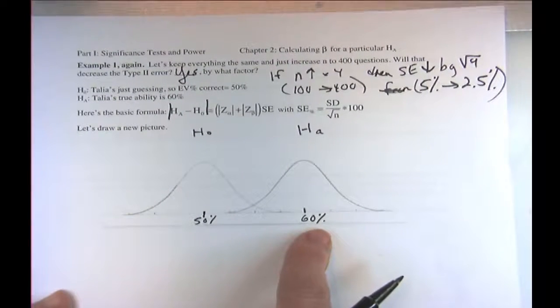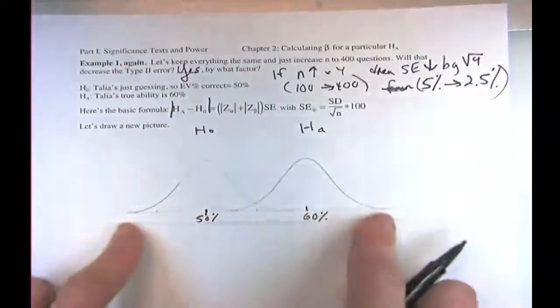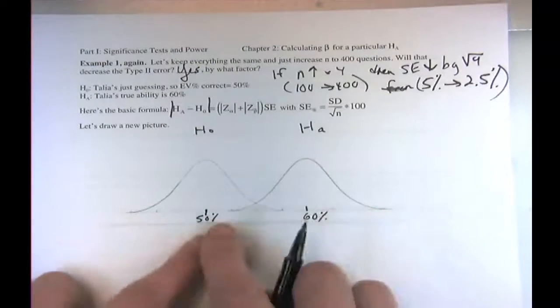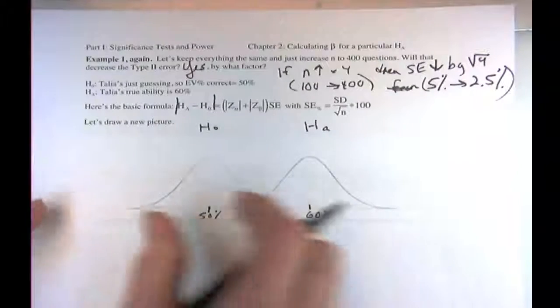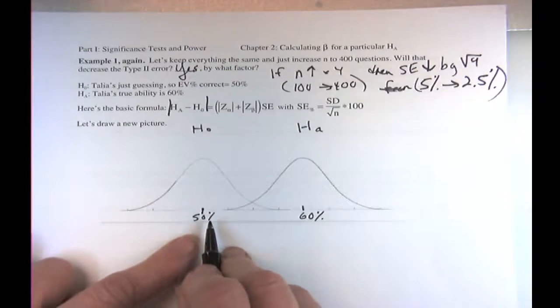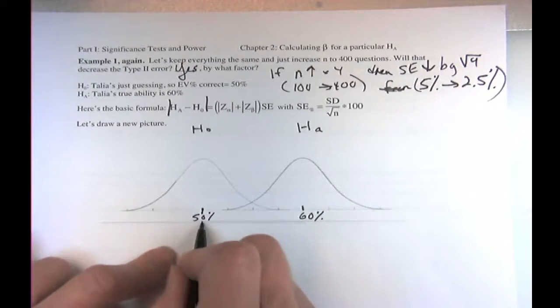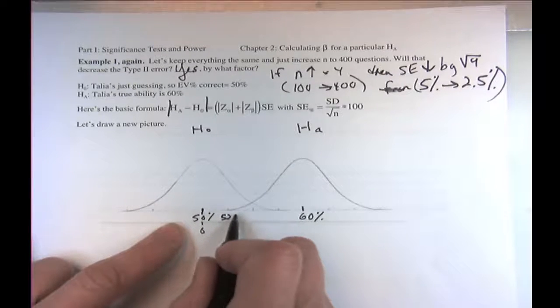We're keeping everything the same. It's just that it was easier for me to draw it on a different scale. So now we have 50%, this is a 0 here, and instead of going up to 55, this is going to be 52.5.